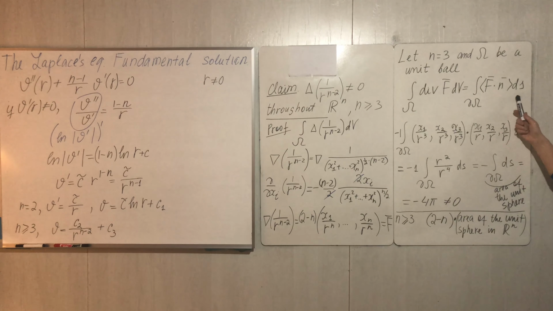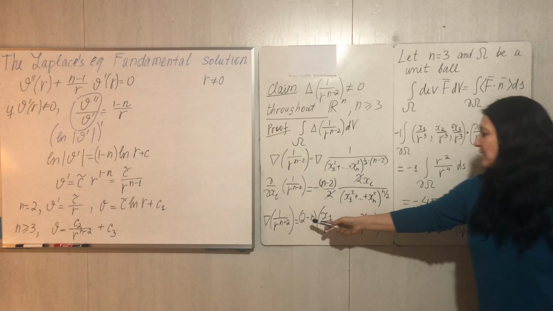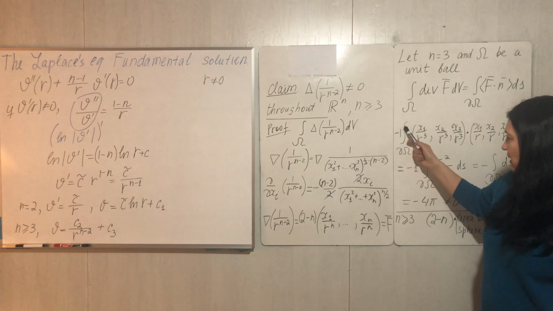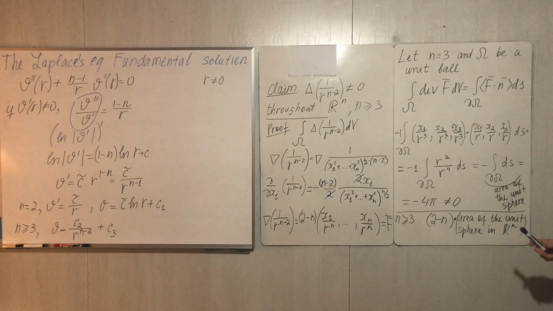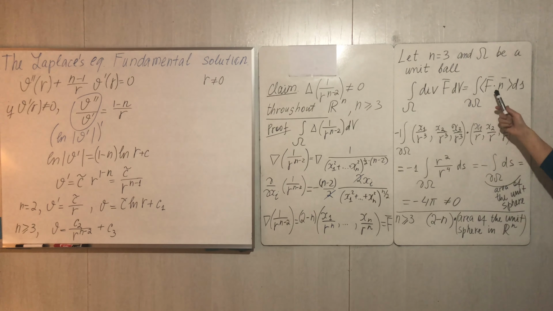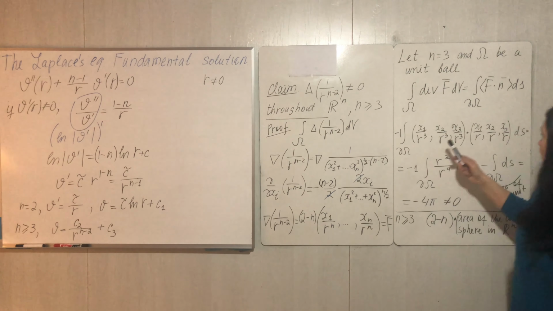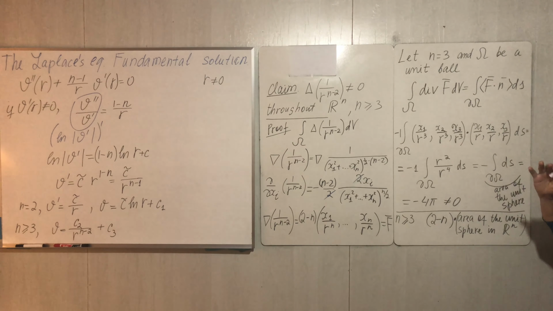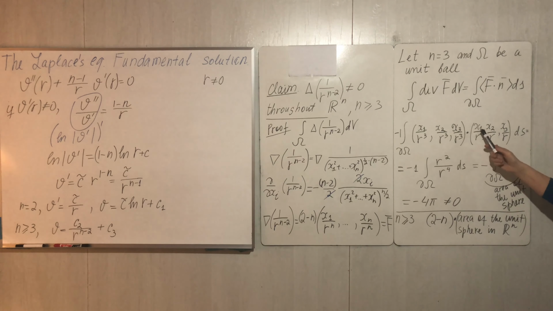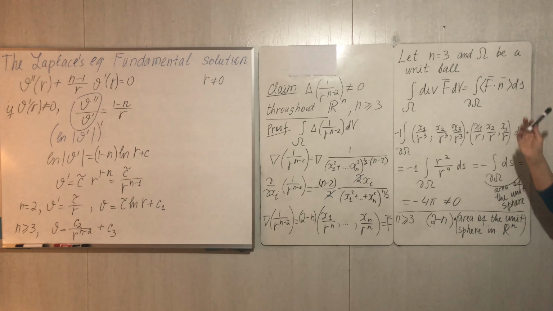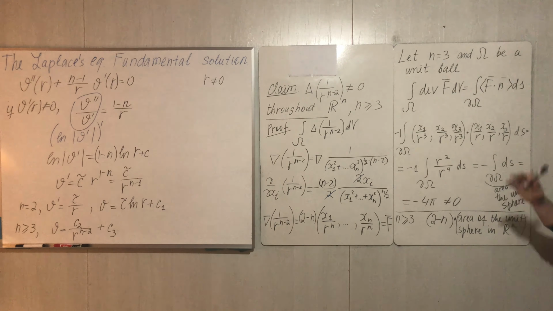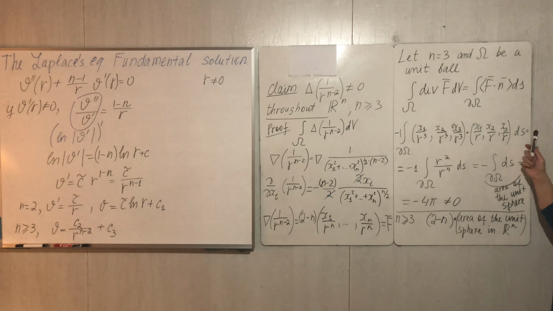In this specific case, 2 minus n, if we take n equals 3, becomes -1, and this is our vector f. The normal to the ball would be just the outward normal, x1, x2, x3 divided by the magnitude of the vector.